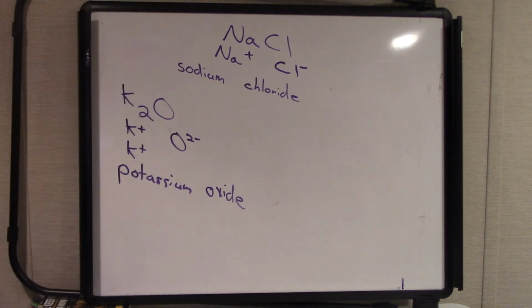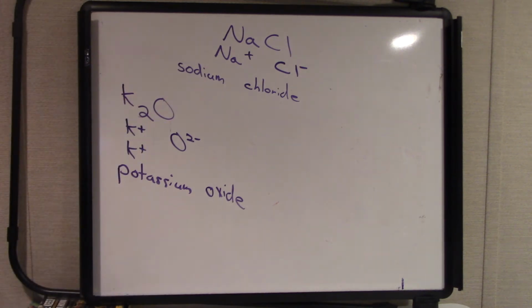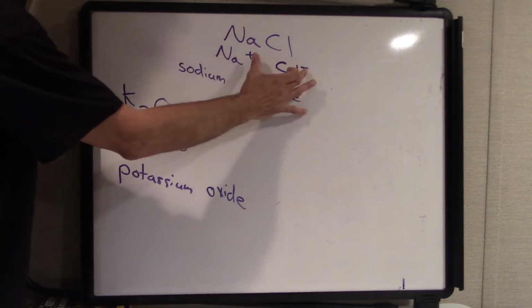There's another thing I want you to notice about these two examples that we've done so far. You'll notice that there's charge balance that exists in each of these two compounds. What we mean when we say charge balance is the same total amount of positive charge as negative charge. In the first example with the NaCl, we had +1, -1.